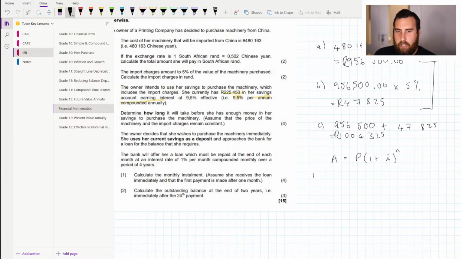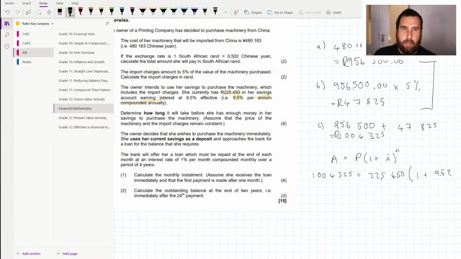So we're going to plug in our values. 1,004,325 is equal to our present starting amount, which is her savings account amount of 225,450 Rand, times 1 plus our interest rate, which is 9.5%.